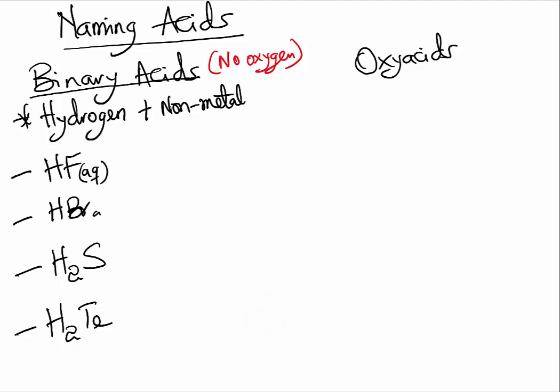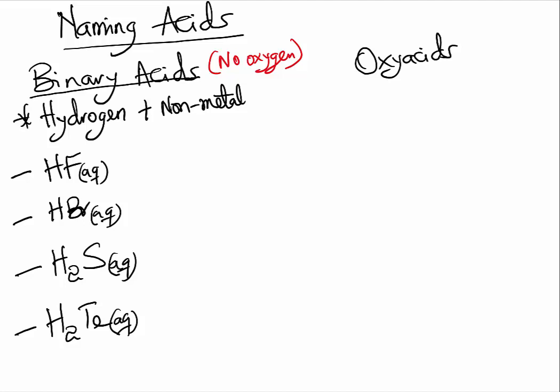The same thing for HBr, which means it has been dissolved in water to make acid, in H2S, in H2Te. So the aqueous is an indication that you are not dealing with a gas.